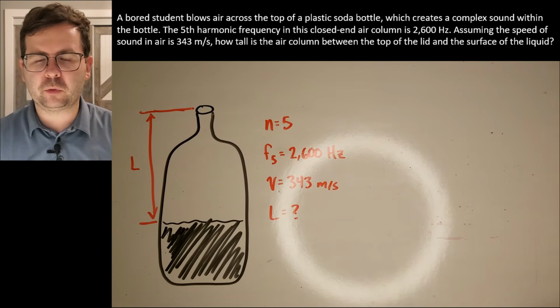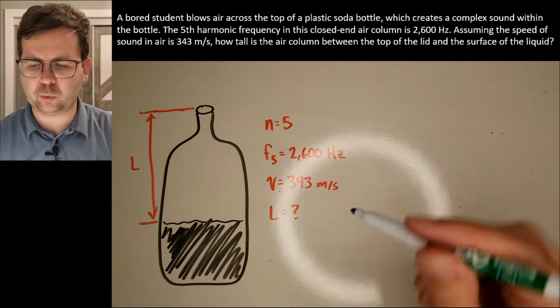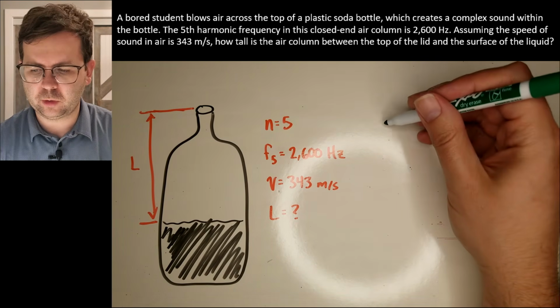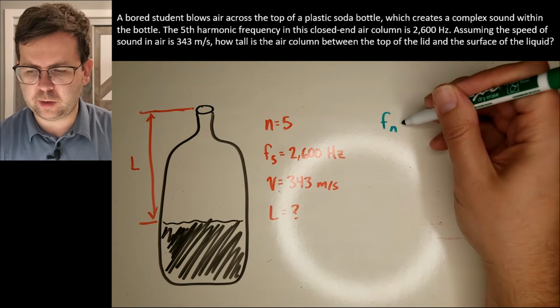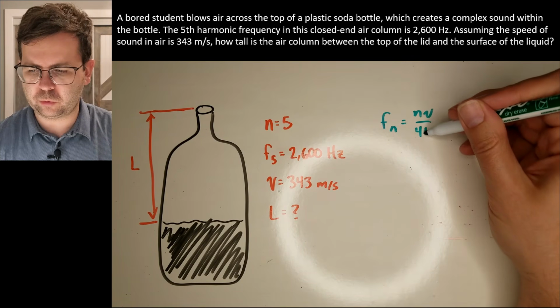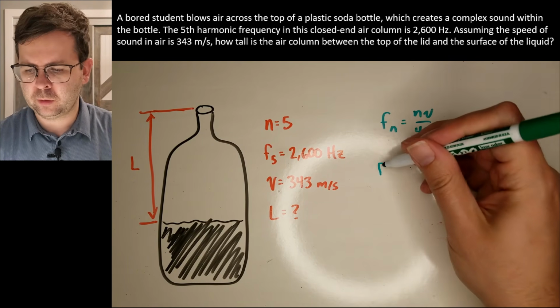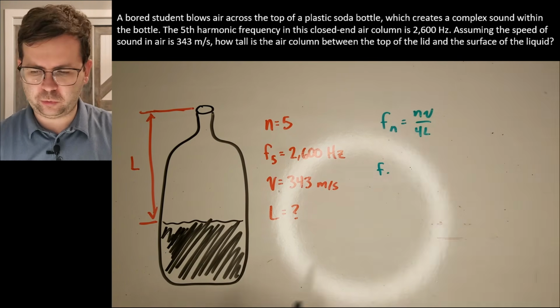When you're doing this kind of problem, just be careful and remember that this equation for closed pipes looks a little bit different than the equations for open pipes and strings, because we have this 4 down here in the denominator instead of a 2. So I'm going to put in my values here.